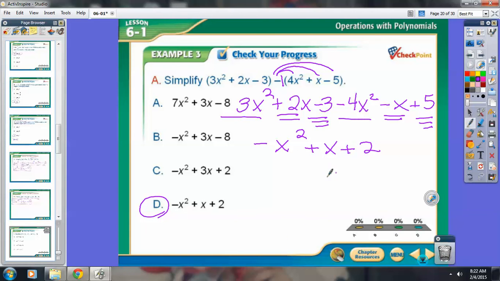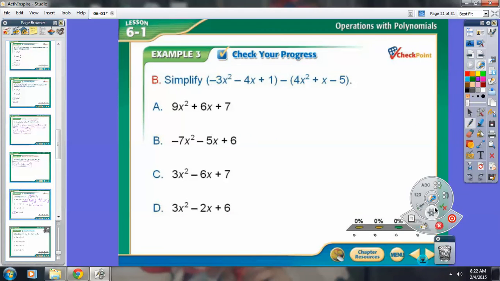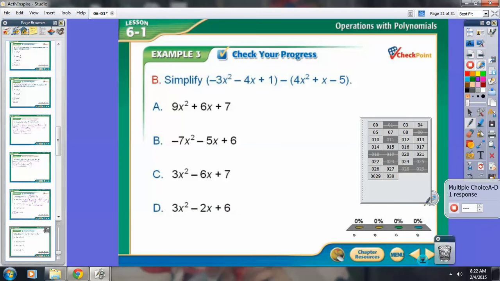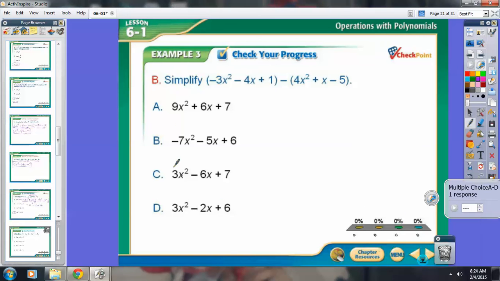So if you didn't select D as your answer, make sure you do fix your notes. About this one, here we have another multiple choice question. Go ahead and simplify, please. We all agree that it is B. Let's go ahead and distribute our negative 1. Nothing happened to the first expression, so I'll bring that down.